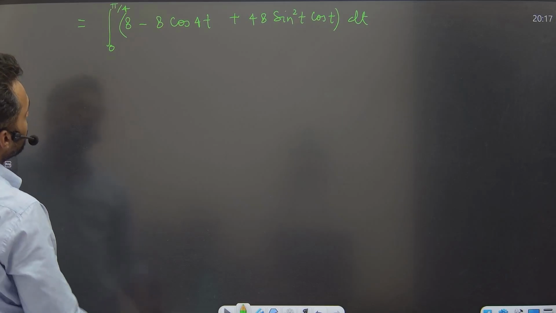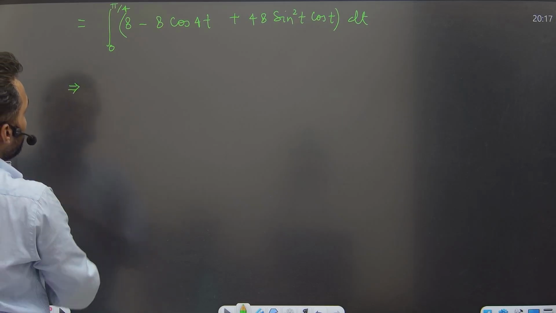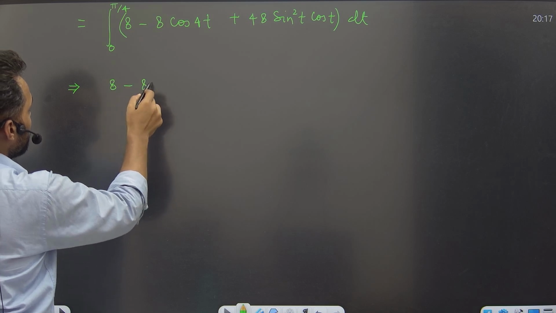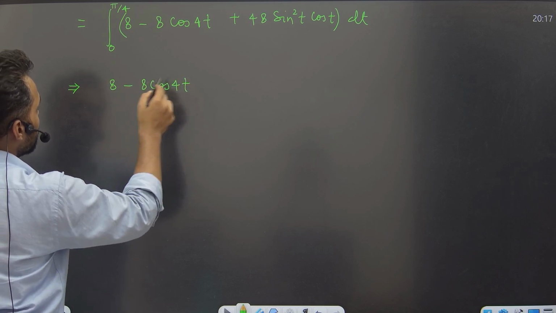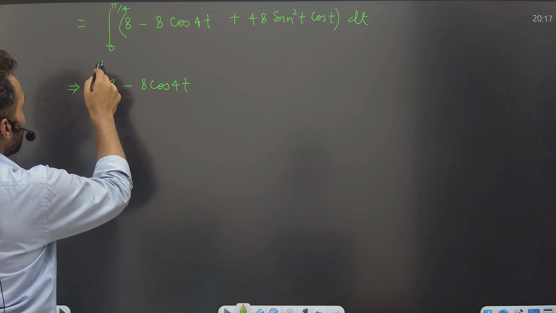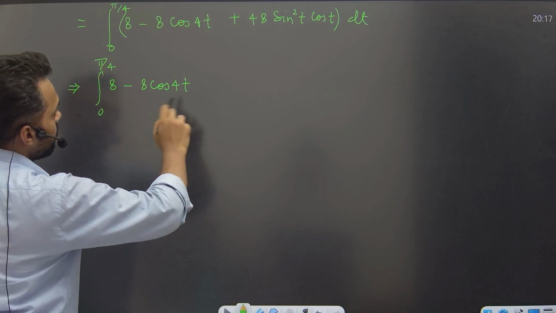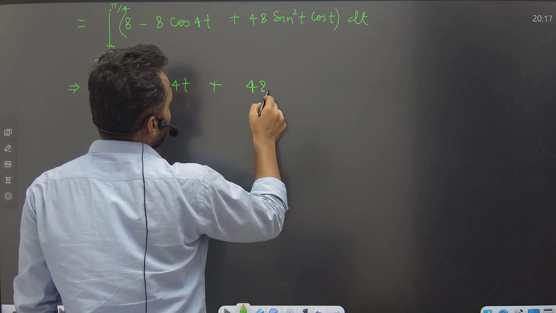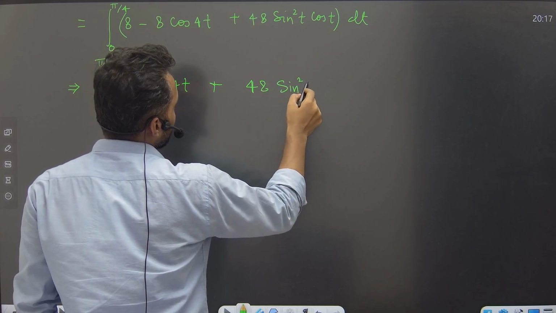Now integrating it further, what we'll get: 8 minus 8 cos 4t, from 0 to pi by 4, this is the upper limit now, plus 48 sin square t.